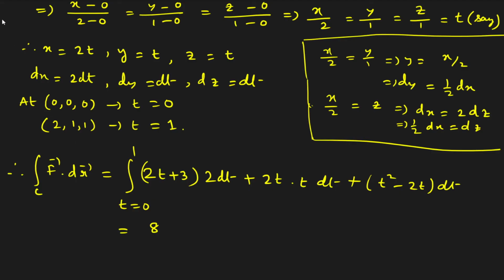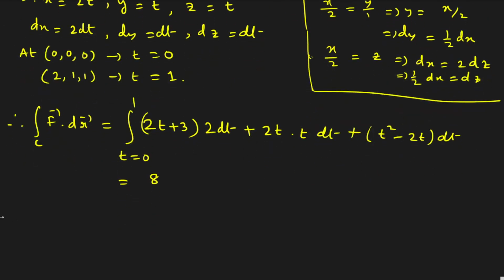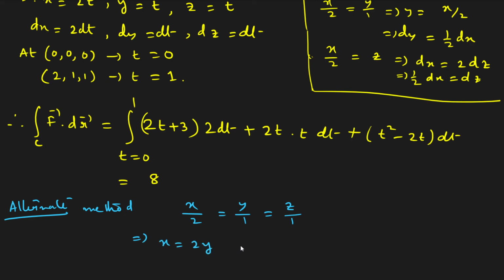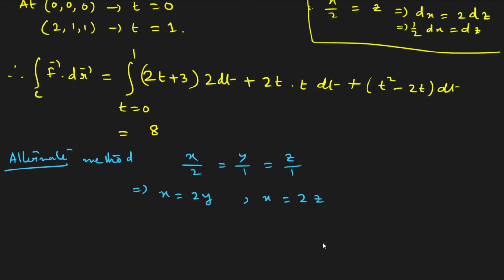Now let us do another method. Alternate method. So what we get? x by 2, y by 1, z by 1. So don't substitute what? t now. So from here x equals to twice y, and x equals to what? Twice z. Okay.